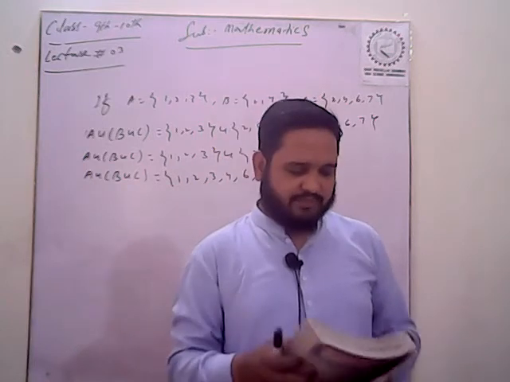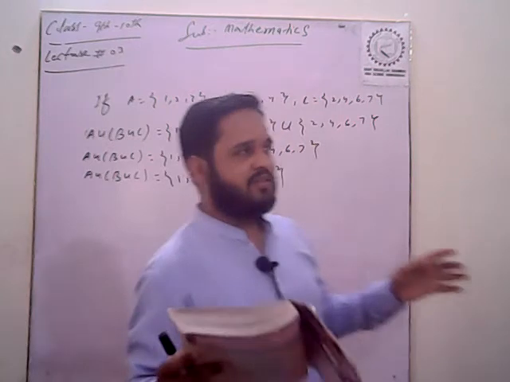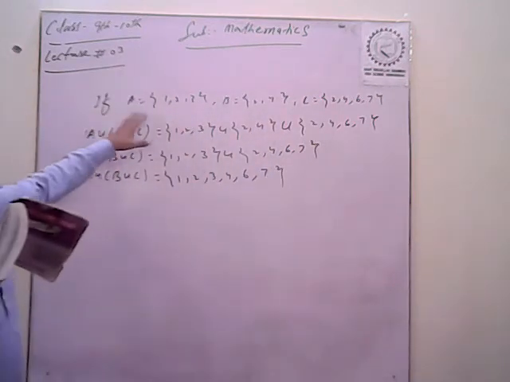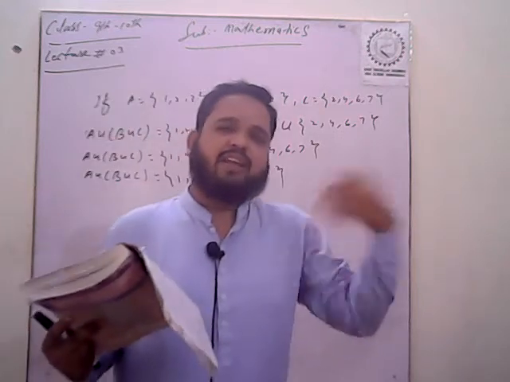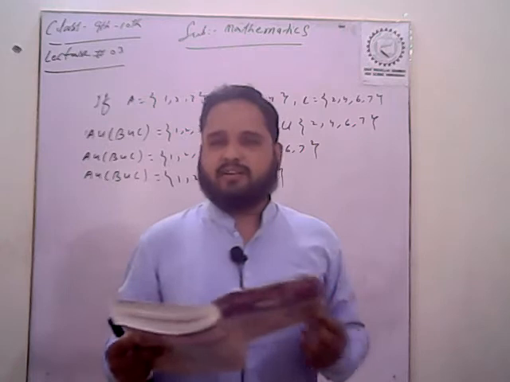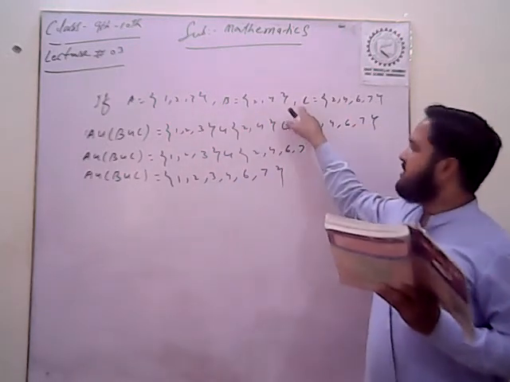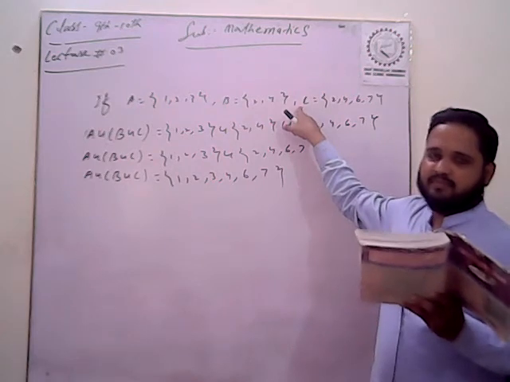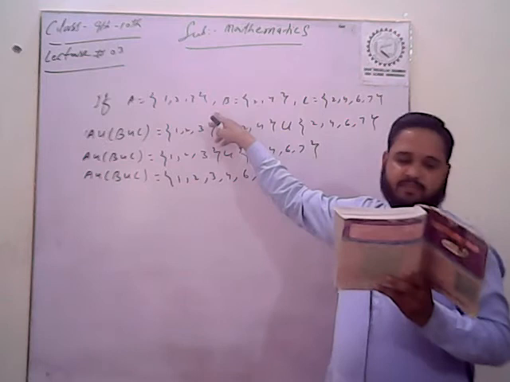You can say: let A, B and C be subsets of any set. The union of two or three sets: if we have A, B, C, these are sets.